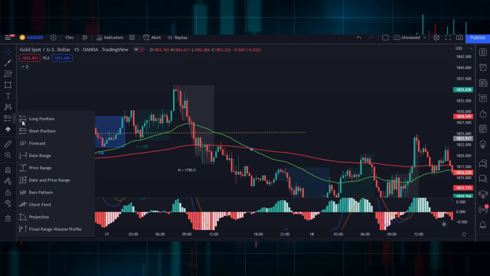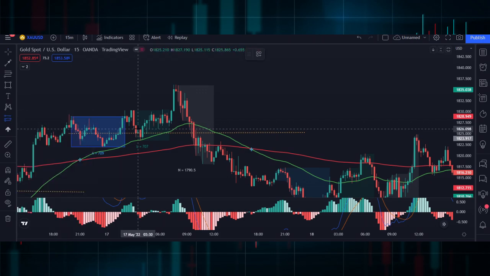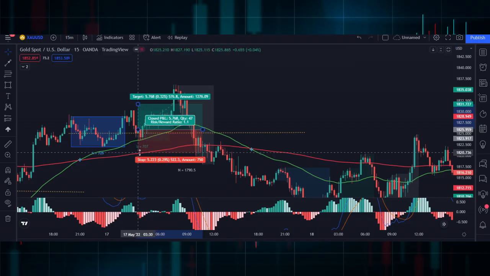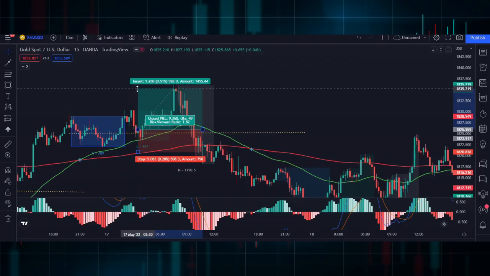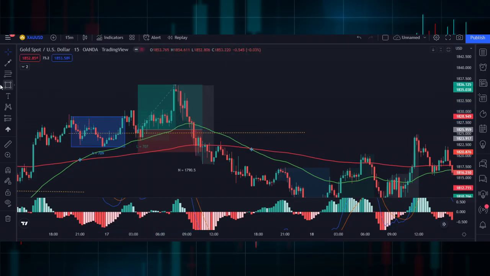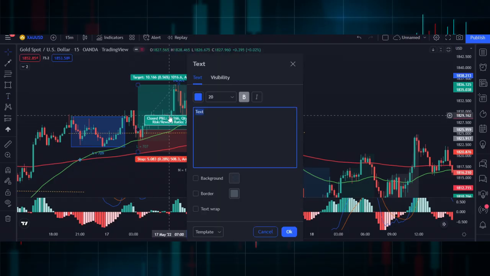So entry would have been right here, 50 pip stop loss, and our take profit on this trade is 100 pips, which is a 1 to 2 risk to reward ratio.